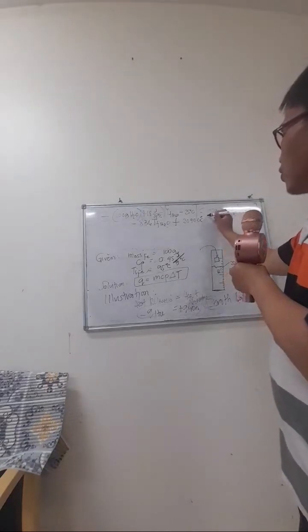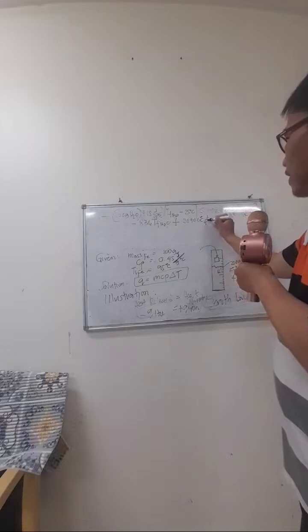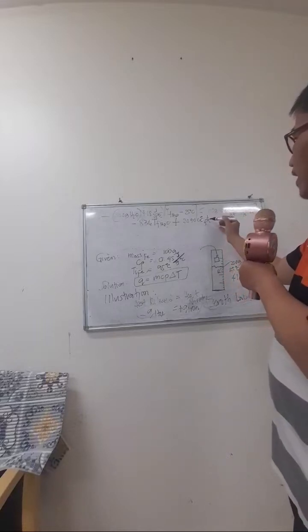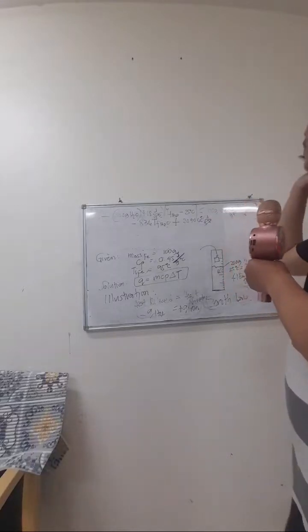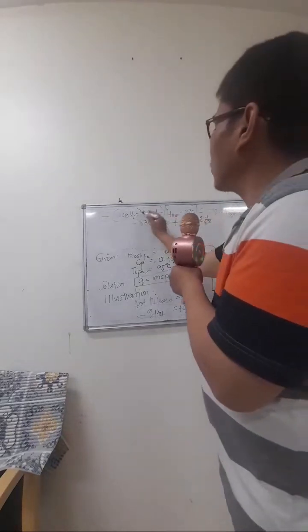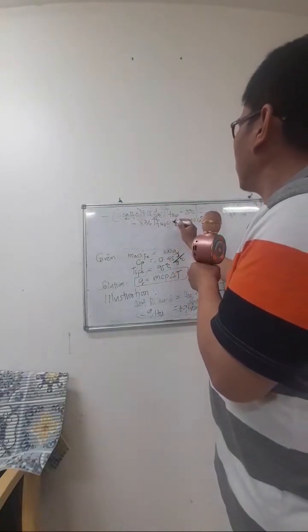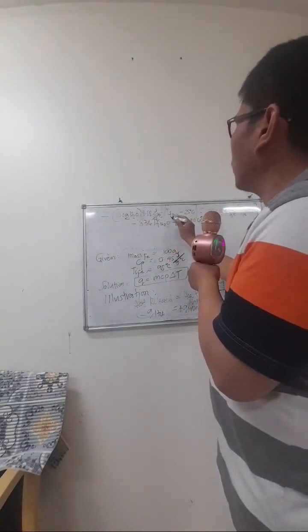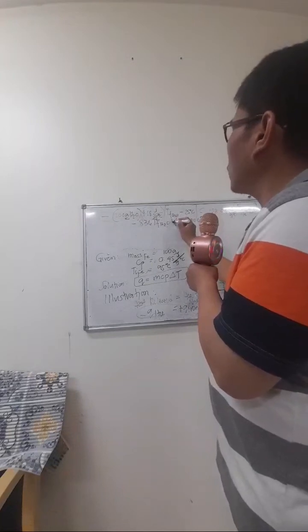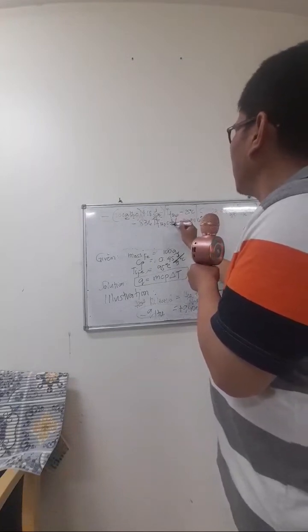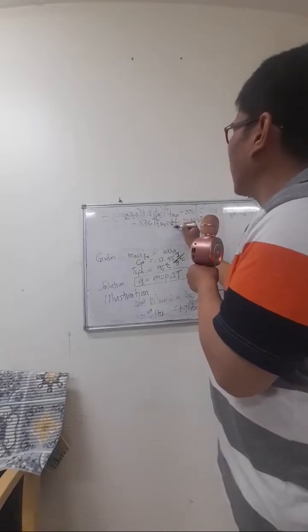Joules per gram degrees Celsius cancel, and the grams cancel. So joules, degrees Celsius cancel, got the point?